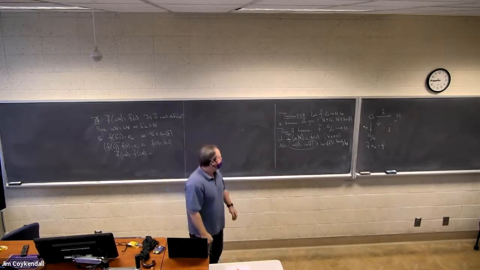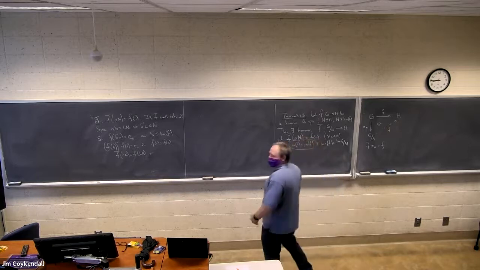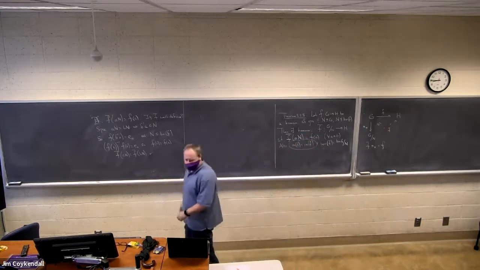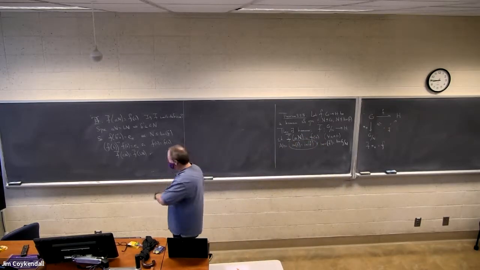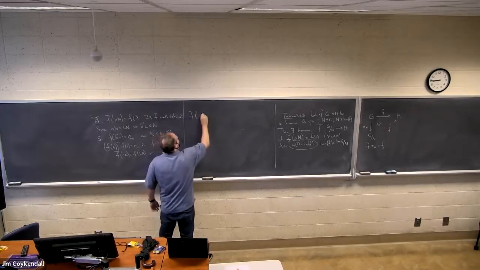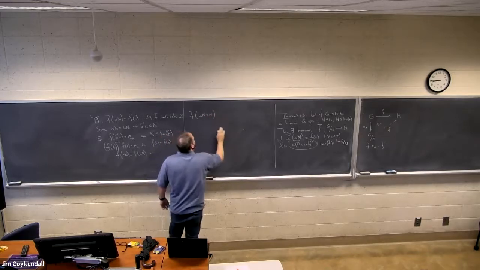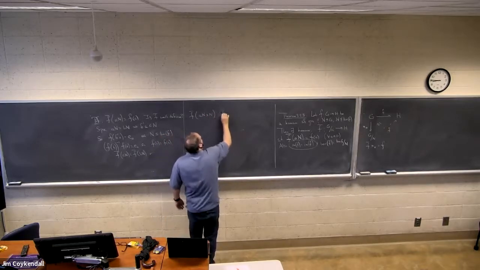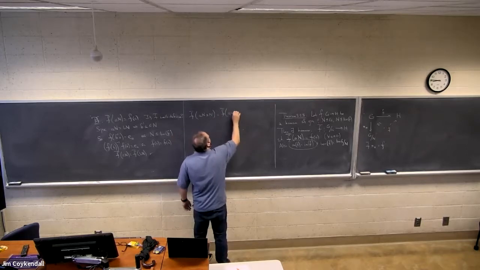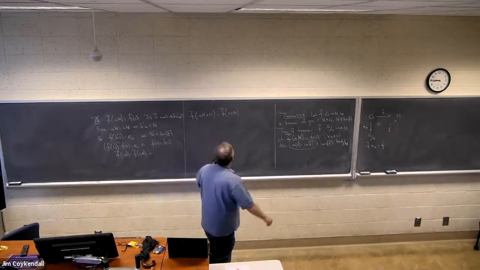Okay. What other statements do I need? The fact this is a homomorphism is just like before. Now this is fairly straightforward. So if you look at F bar of AN times XN, this is F bar of AXN, because after all, that's the way we multiply cosets.